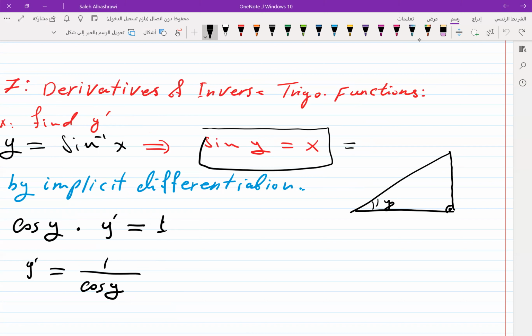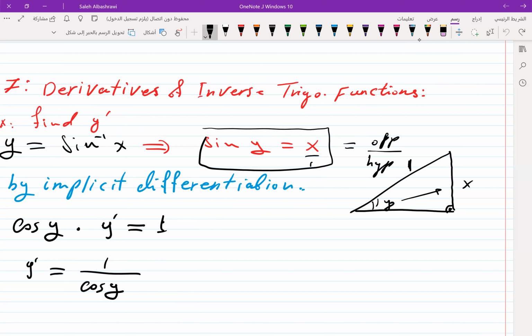And we know that sine equals the opposite divided by the hypotenuse. The opposite is x now. Sine of y equal to x over 1. So the opposite is x and the hypotenuse is equal to 1.